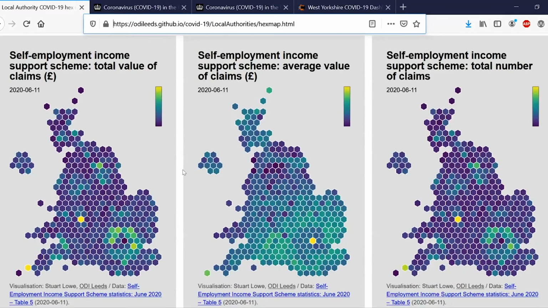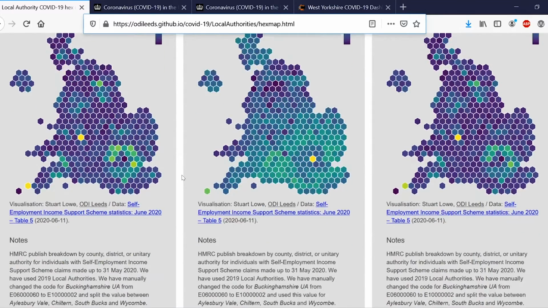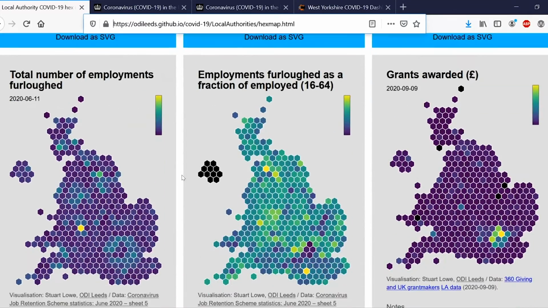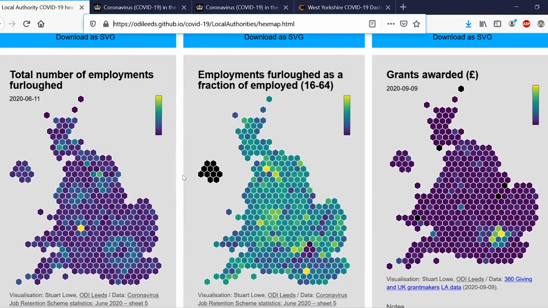We also have some data which I'm going to update to the August figures, and then hopefully the September figures, which is the self-employment income support scheme and value of claims, average value of claims and the total number of claims. And then we've got employments furloughed and things like that. We've also got some 360 Giving data, because David Kane at 360 Giving was very good at producing local authority splits of data.